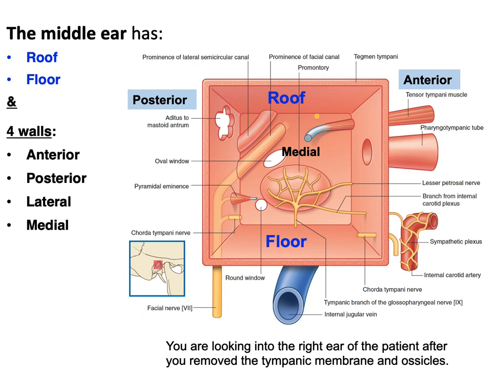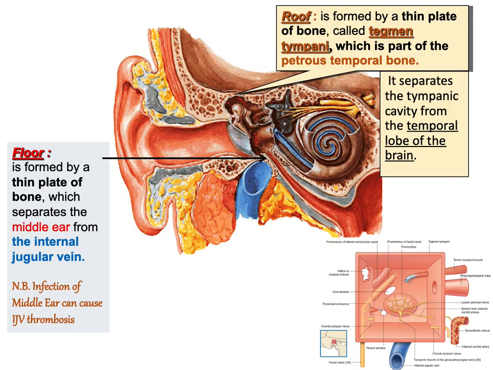Now let us start with the roof and floor of the middle ear. Here is the auricle, external acoustic meatus, eardrum, and this is the middle ear. So the floor of this cavity is formed by this thin plate, which separates the middle ear from the internal jugular vein.